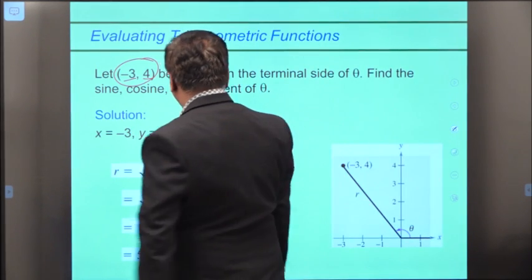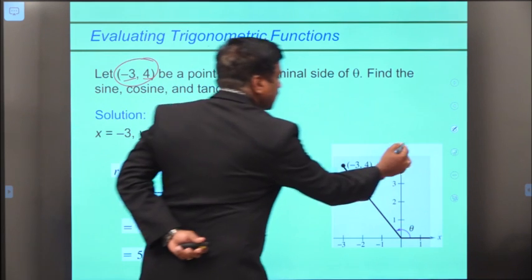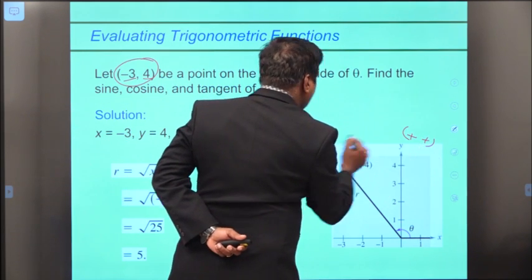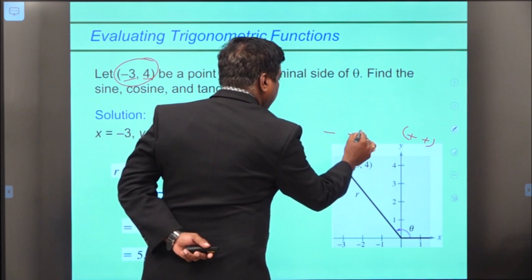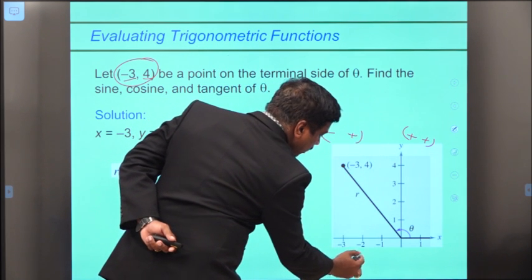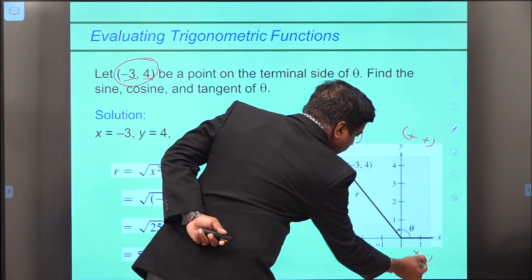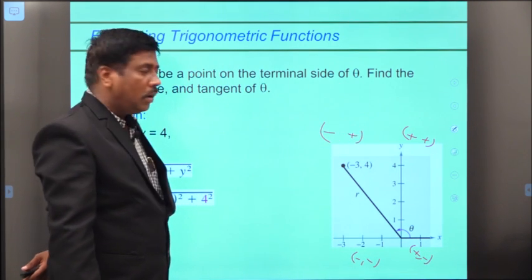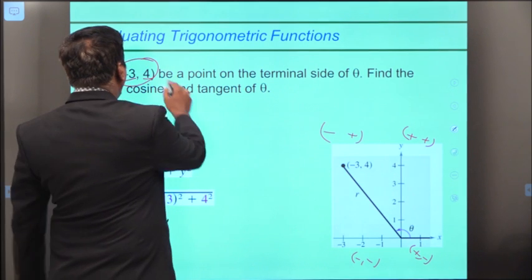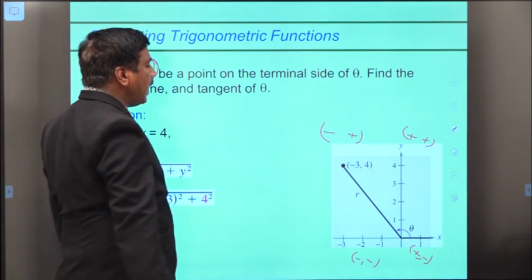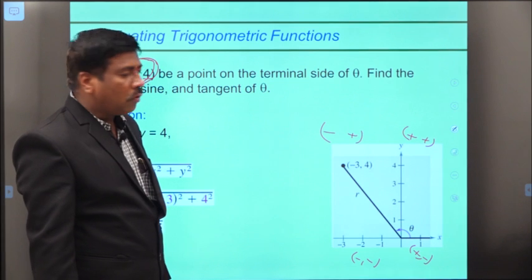Please observe this: the first quadrant is plus, plus, and the third quadrant is minus, minus. Therefore, -3, 4 is the point that lies in the second quadrant of the coordinate plane.